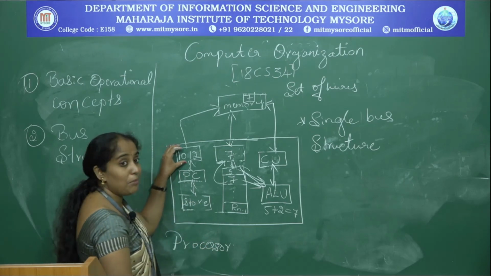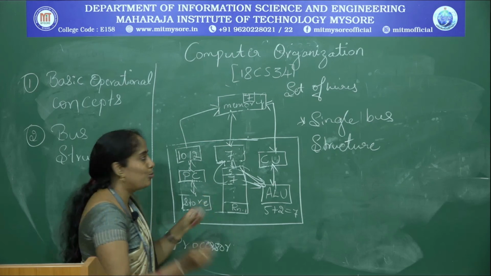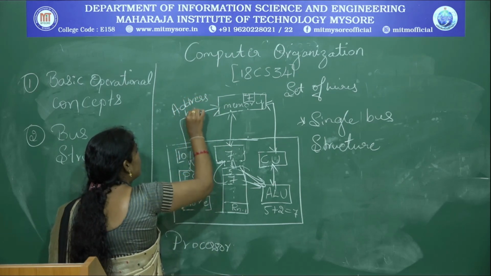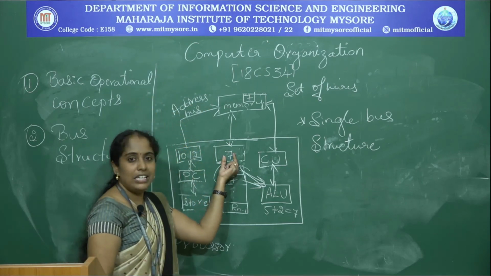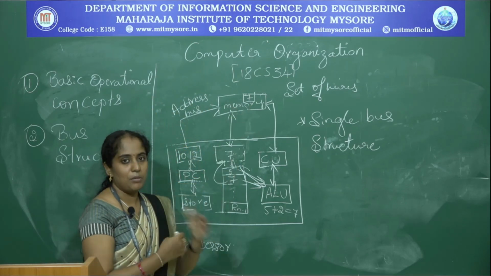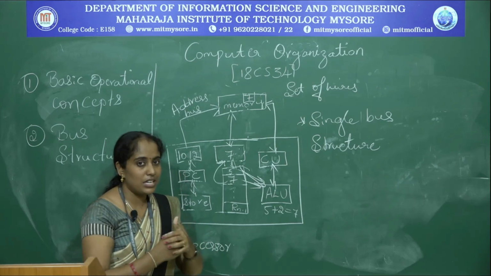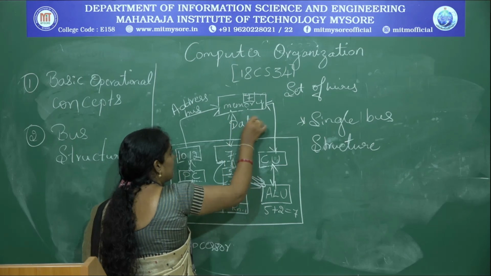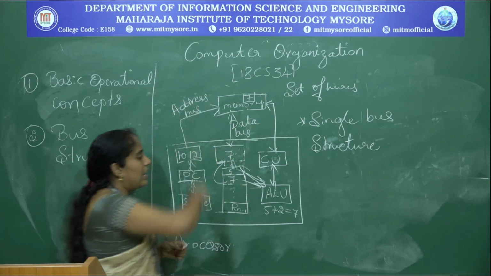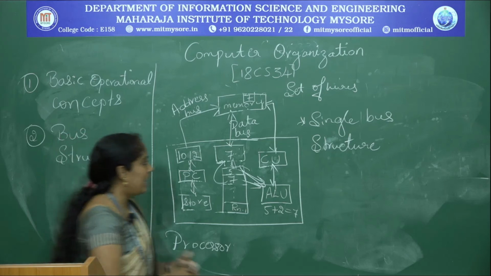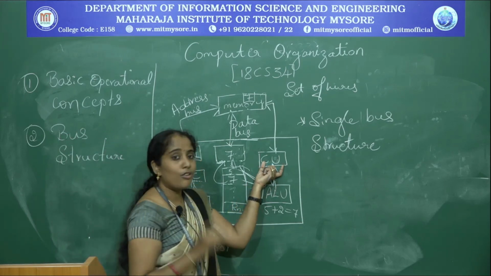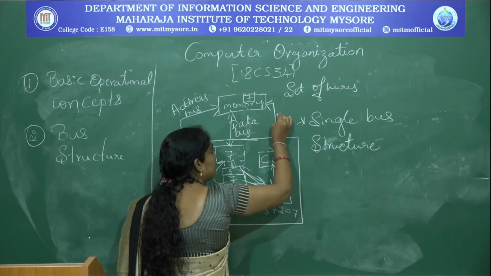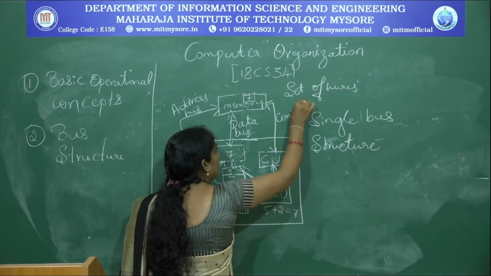MAR and memory will communicate through the address bus, and MDR and memory will communicate with each other by using the data bus. And the last one is the control bus, so the control information will be sent by using the control bus.